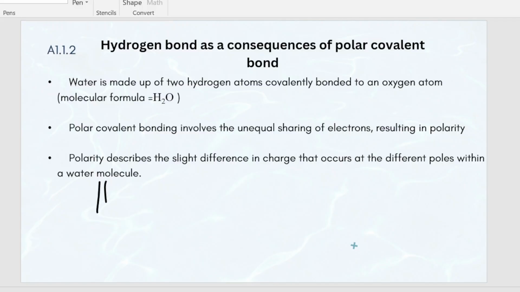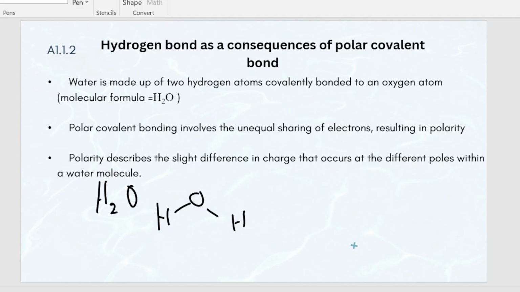So water has two hydrogen bonded to one oxygen. So you have something that looks like this: oxygen and two hydrogen, something like this. So this is the chemical formula of water, and this is the structure of water.